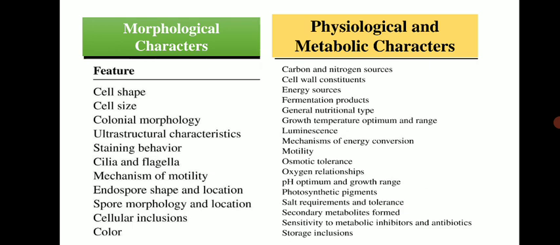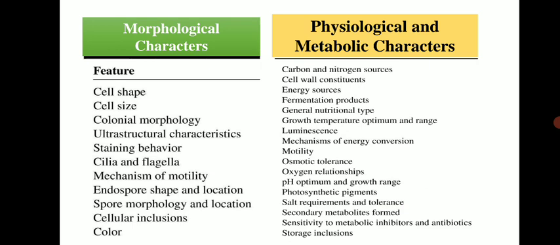So these are the morphological features used in identification of particular microbes. We'll discuss them in detail in the coming slides. Then some of the physiological or metabolic characters include carbon and nitrogen sources, cell wall constituents, different energy sources, and various fermentation products produced by microbes after the process of fermentation. Then there are some general nutritional types, and growth conditions which include pH and temperature.